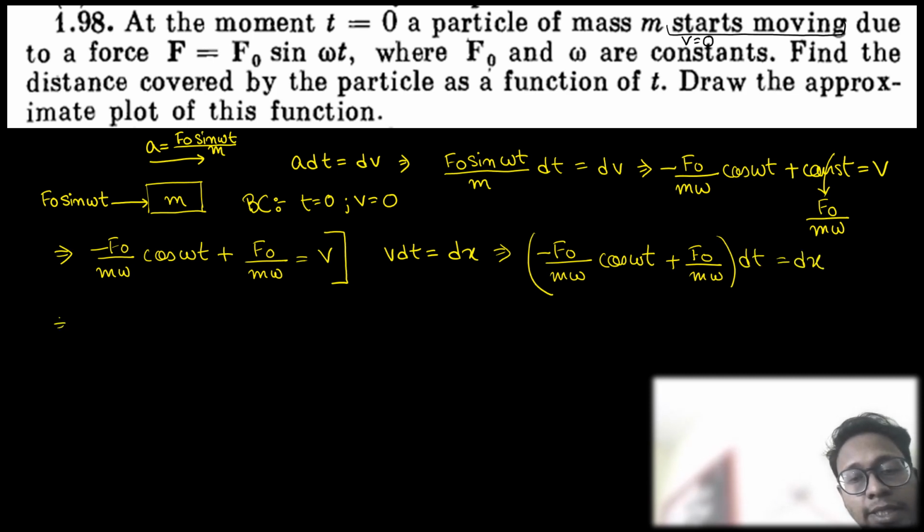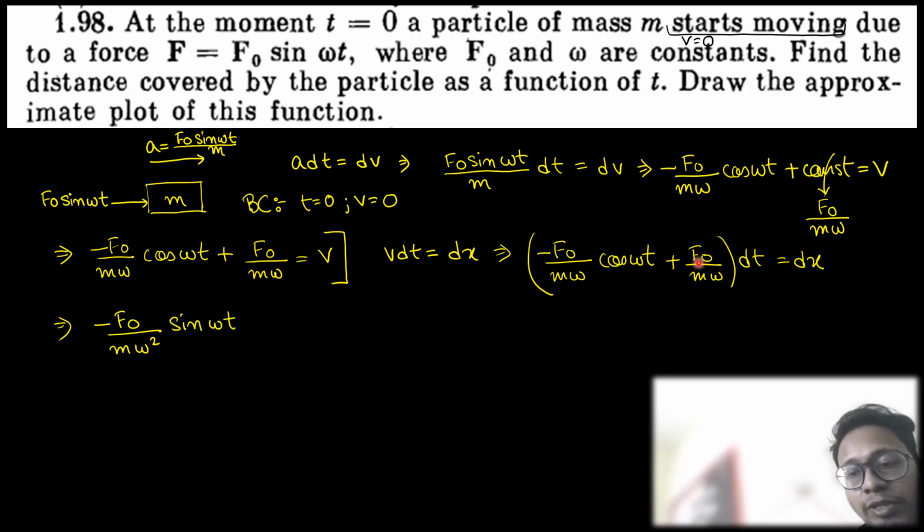Now when I integrate this function, what do I get? I get minus f naught by m omega square sine omega t. I'm integrating this part and I have to integrate this part also, plus f naught t by m omega plus some constant equals x.